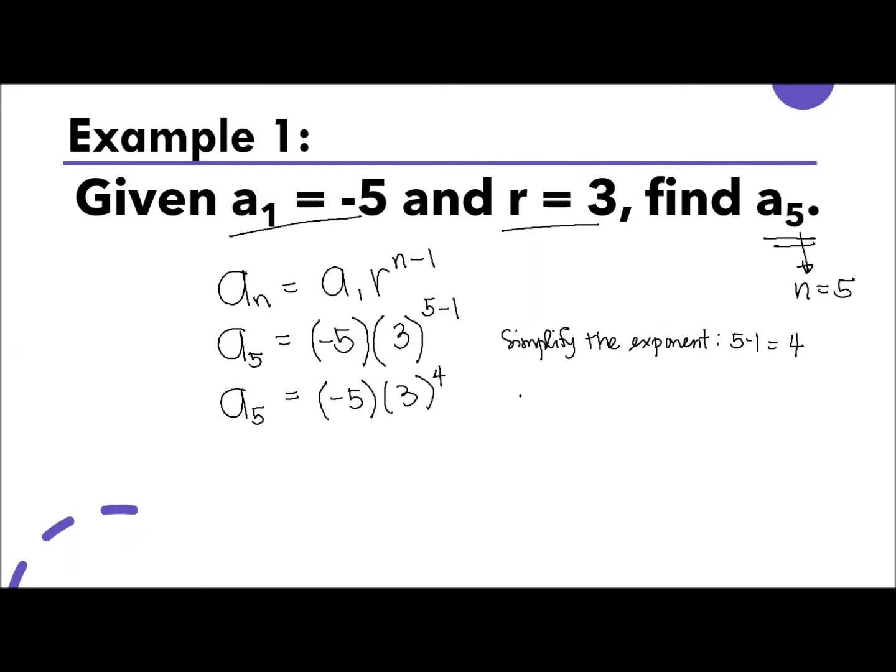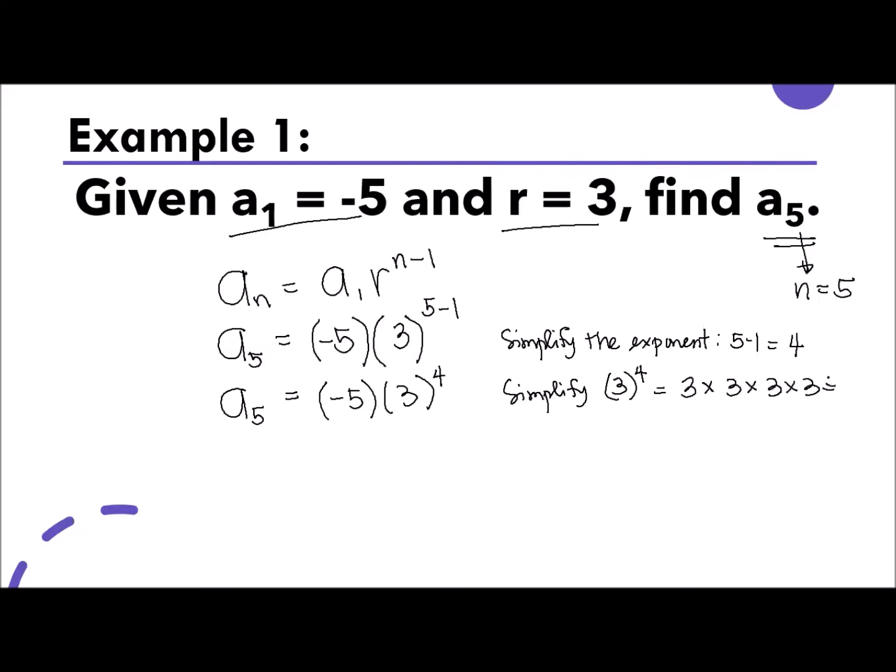Okay? Then, simplify first 3 raised to 4. What does it mean? Is that 3 times 4? Of course not. We need to use 3 as a factor 4 times. Yun ang ibig sabihin nun. So, that is 3 times 3 times 3 times 3.